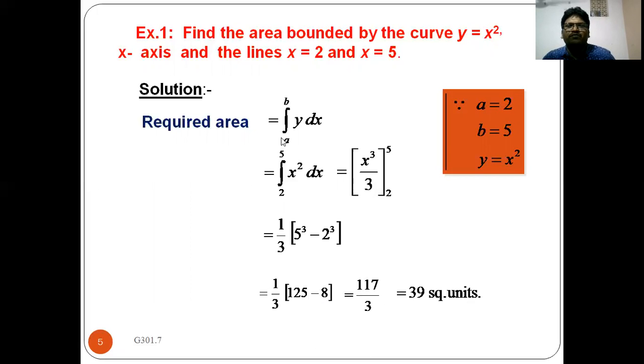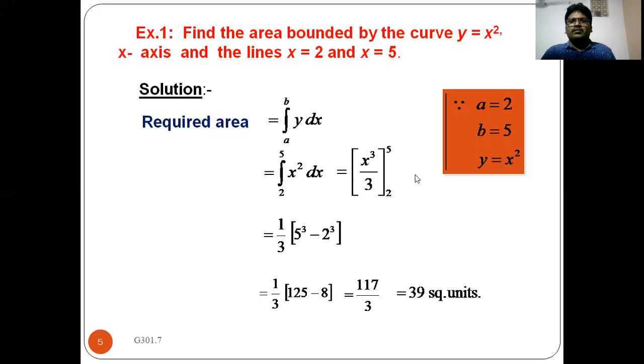We have to find the area, so the unit of this solution is square units. We are finding the area, that's why we put square units. The units may be centimeters, meters, etc. So this is the required solution.